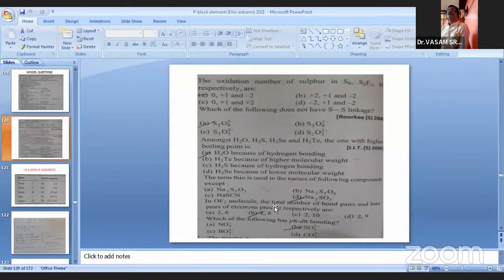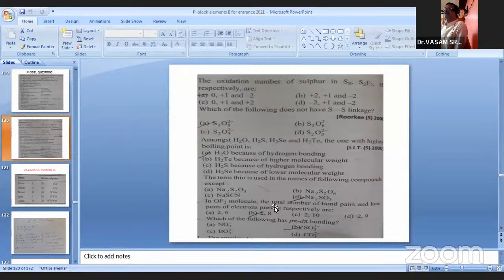And these are the model questions. Now see another one: the oxidation number of sulfur in S8, S2F2 and H2S respectively. S8 is a stable molecule. Molecules have zero oxidation state, therefore zero.